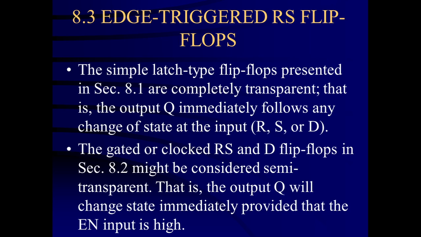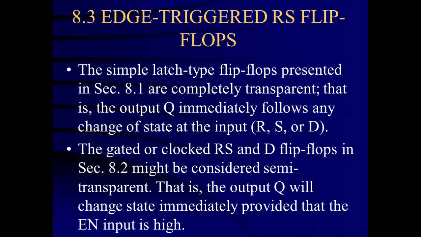So you have the time when you can change the inputs, that is when the enable input is low, the output can be stored, and when the enable input is high, at that time the output will respond according to the input, and it behaves the same as a basic RS flip-flop. So as long as the enable input remains high, the output is going to be changing and responding to the input changes, and that's why it is called semi-transparent.